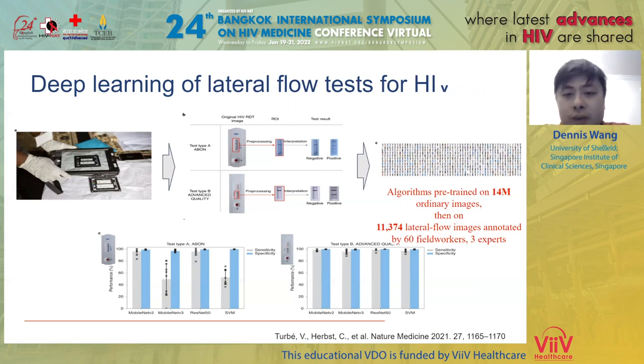So for those who are working on applying machine learning techniques to medical images, this is quite an exciting time, because these algorithms have been shown to be quite powerful, performing just as well as humans, if not better, because they can recognize the faintest features, such as the faintest pixels in the lines of a lateral flow test.